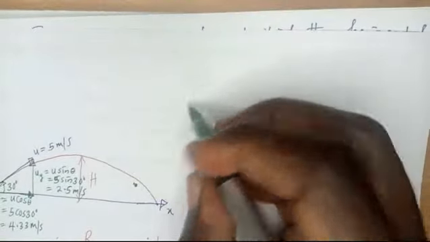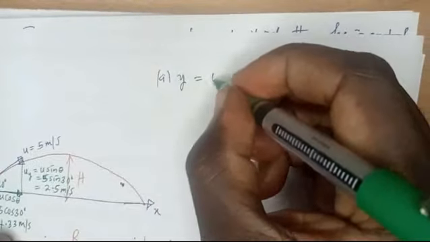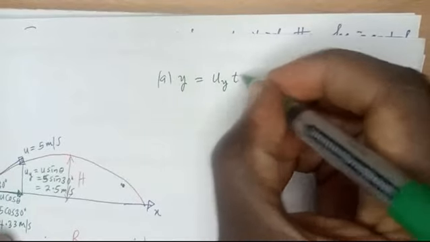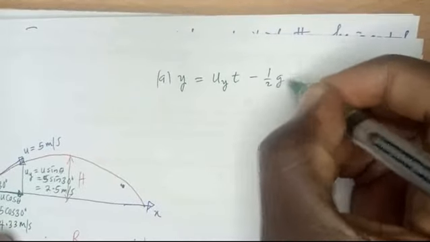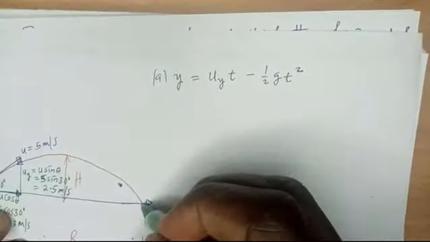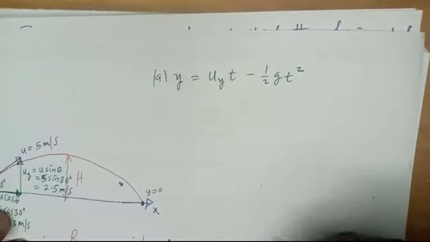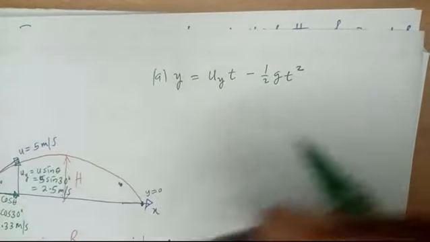We say that at any point A, the vertical displacement is given by y equals u sub y t minus half g t squared. Now at this point, when the journey has ended, your y is 0. There is no vertical displacement because it is already on the ground.